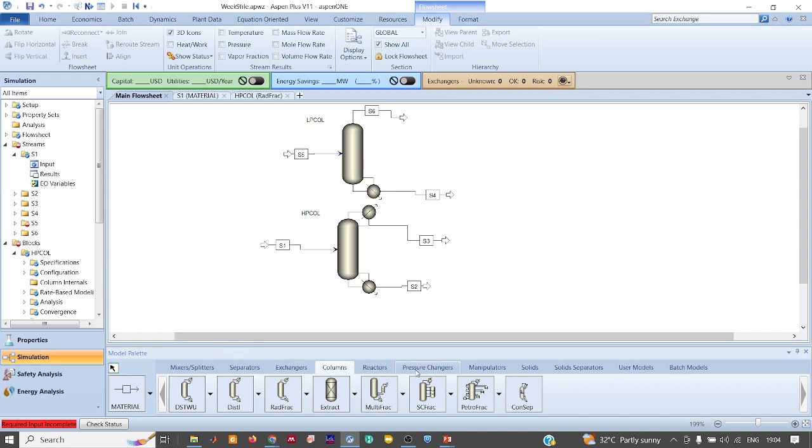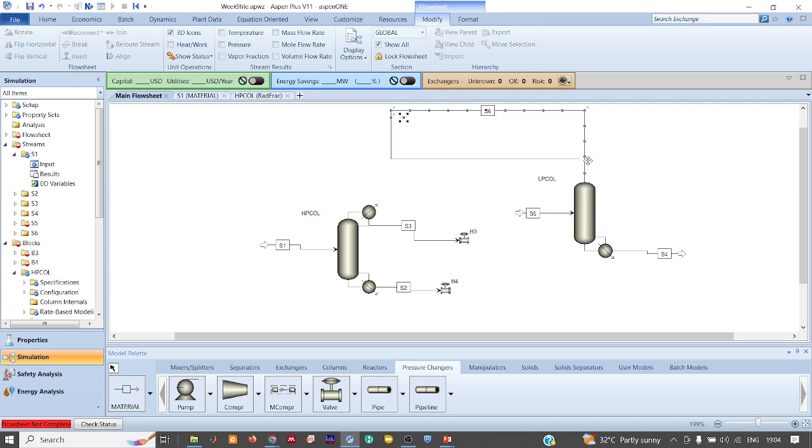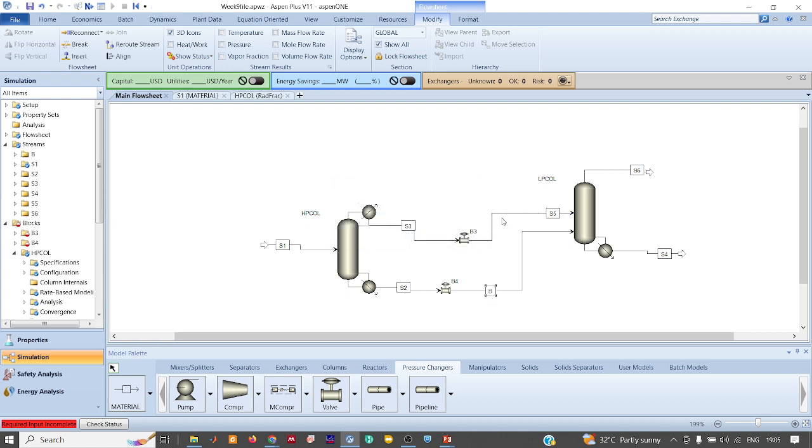So here we need pressure changes, two valves. We need another stream. Let me just put this as water and this as top.